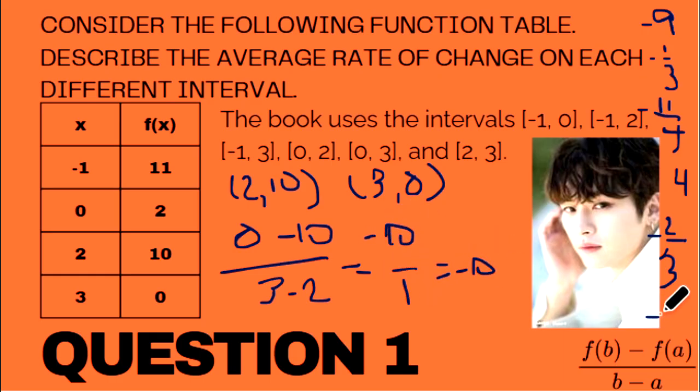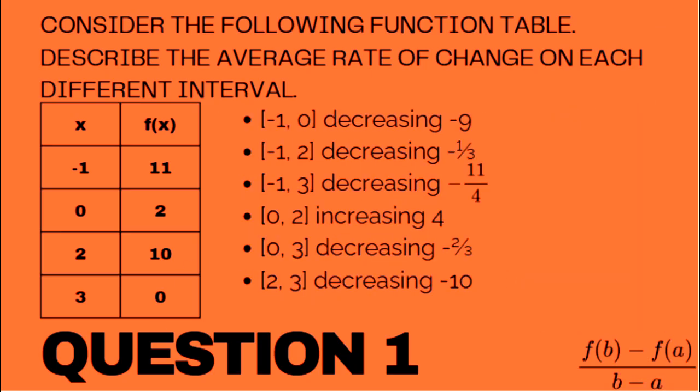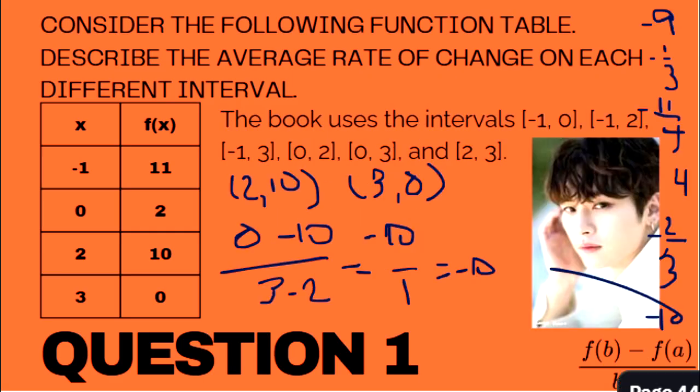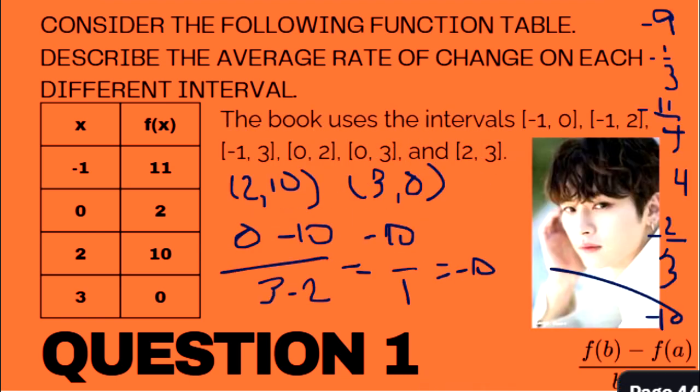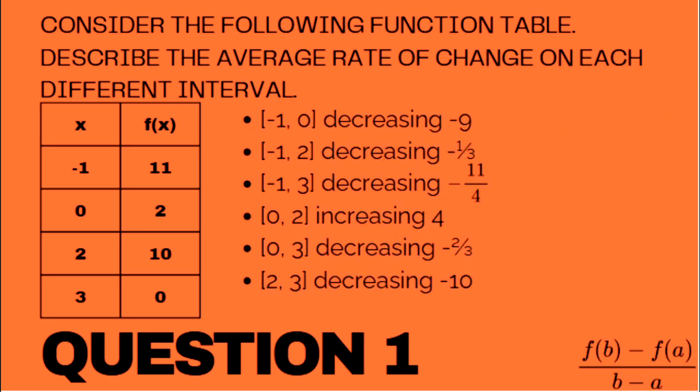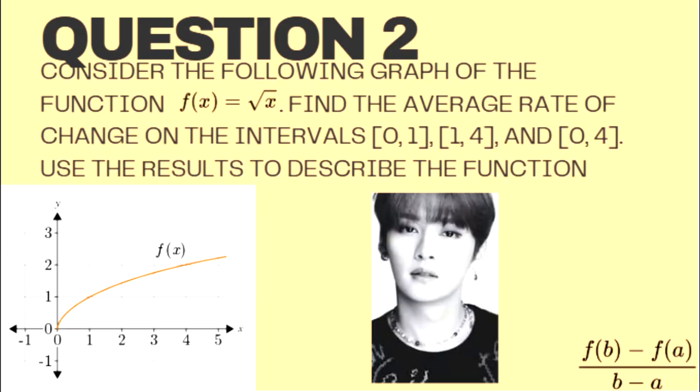So our last rate of change is negative 10, and that one will be decreasing. So we should have negative 9 decreasing right there, and negative 1/3 decreasing, negative 11/4 decreasing, 4 increasing, negative 2/3 decreasing, and negative 10 decreasing. Look at me go. Boom, I succeeded.